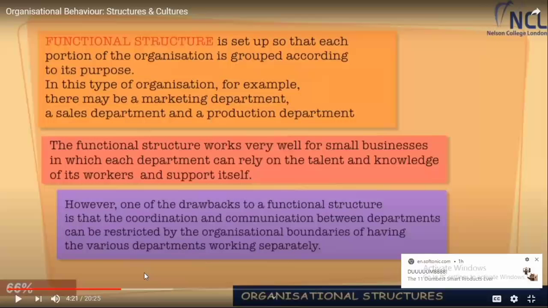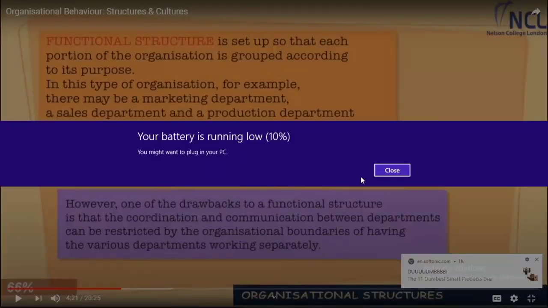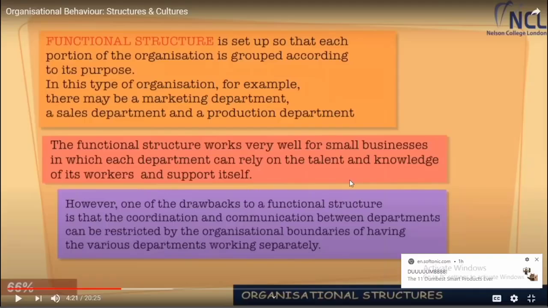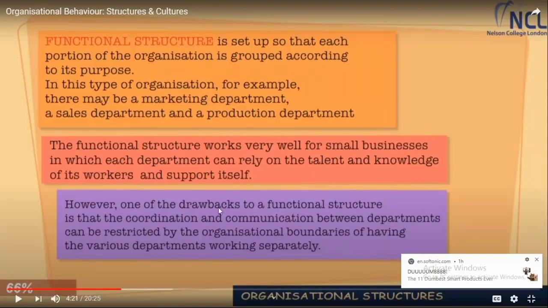I'm still going to explain something to you guys. Look at one of the drawbacks of functional structure: the coordination and communication between departments can be restricted.